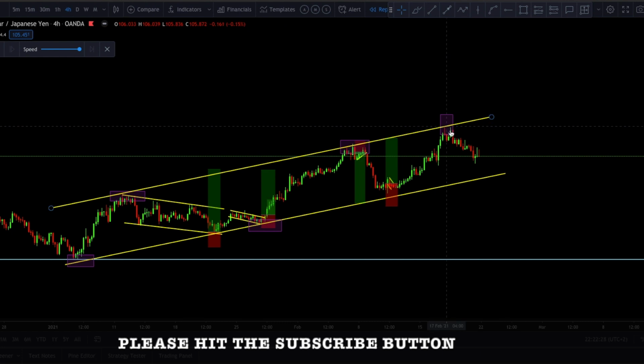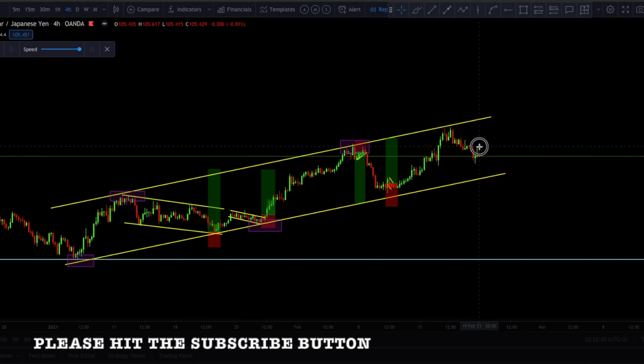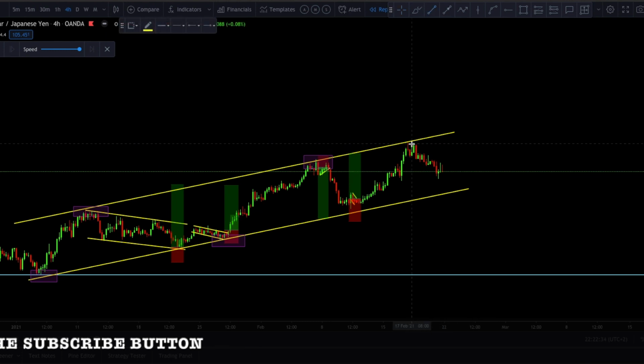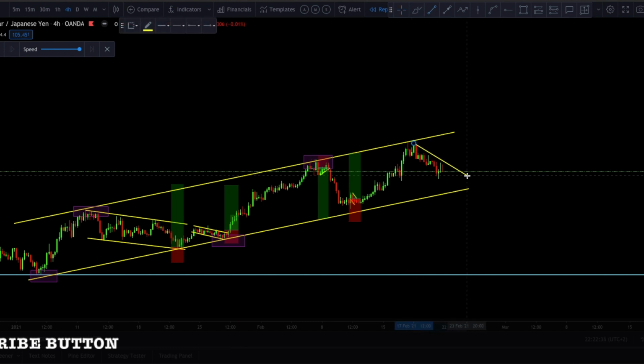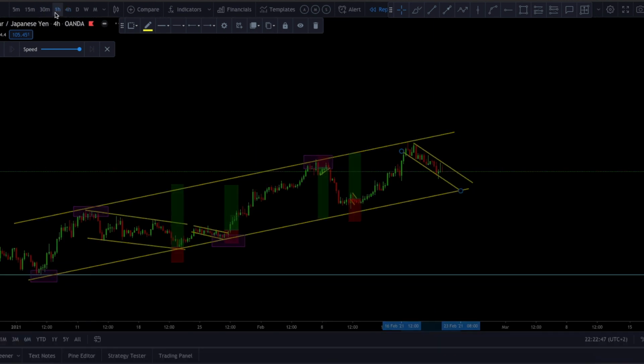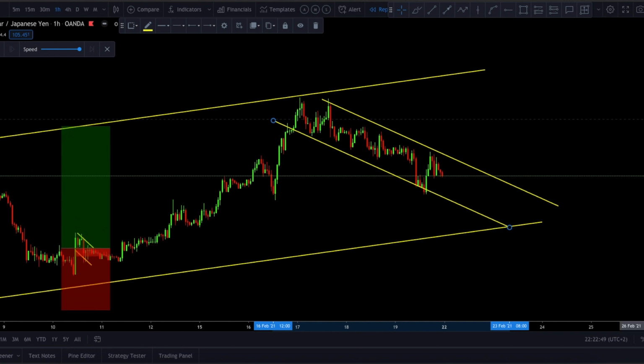Today is the weekend, Monday is coming up. So when Monday comes, you can clearly see that this thing is moving within these lines. Let me go to a 1 hour so we can see clearly. This thing is moving within these two lines.